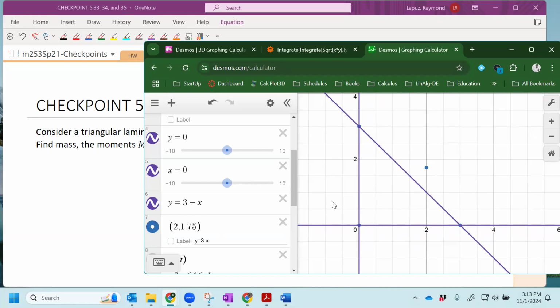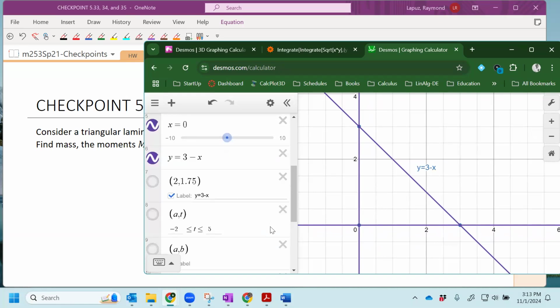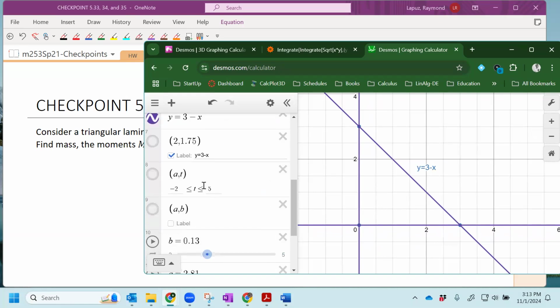So we have the line 3 minus x. Let's label that. What we would be interested in doing is drawing a line either parallel to the x-axis or the y-axis that goes through this region. I will draw a line parallel to the y-axis to imagine taking this region as a type 1 region.